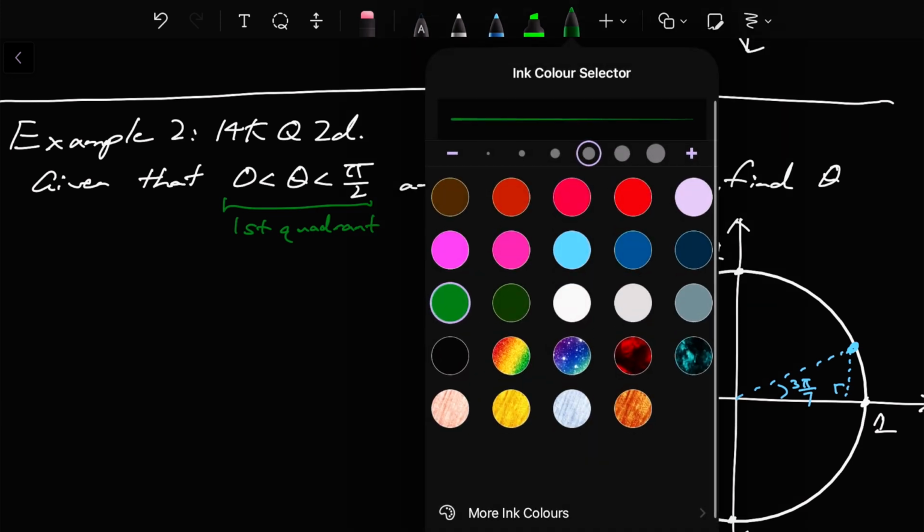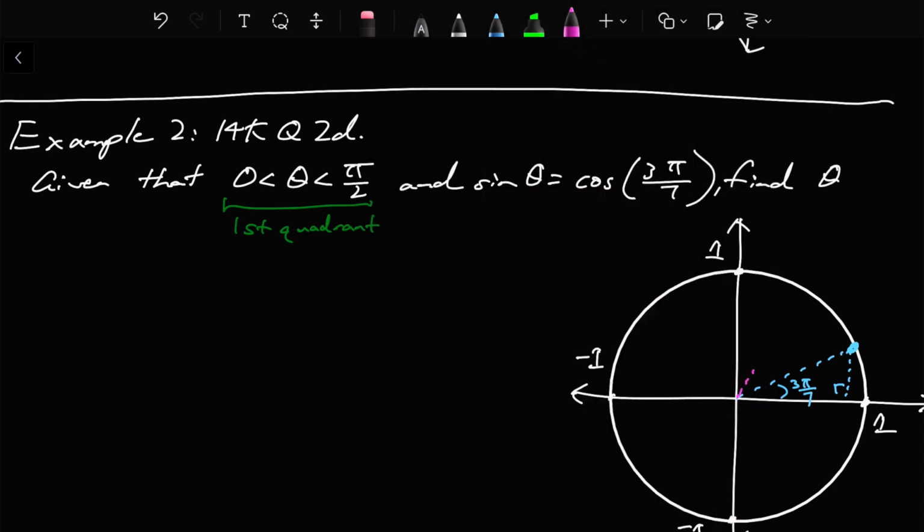So, we know that it has to be in the first quadrant, right? Which means that the angle can't go past pi over 2. So our triangle has got to be somewhere like this, with this angle here as theta. But we've got something really important.